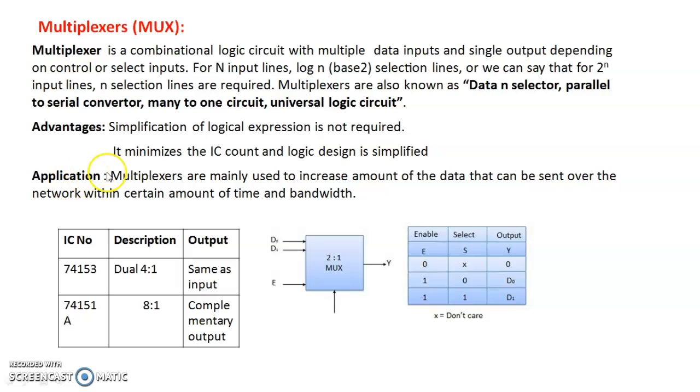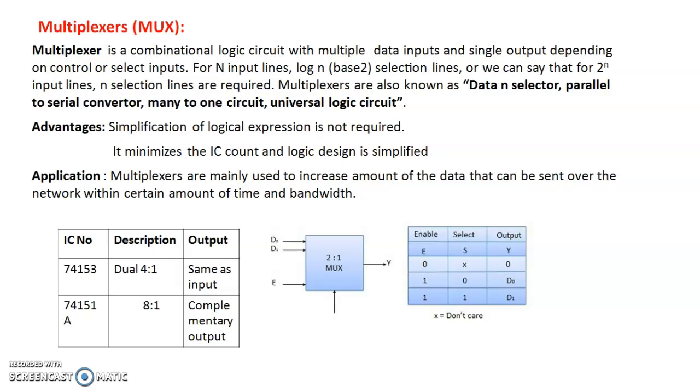Basically multiplexer handles the n number of input lines, and it uses the log n, that is the base 2 selection lines. So m is nothing but the select inputs. We can say that 2 raised to n input lines and m is the selection lines required for the multiplexer.